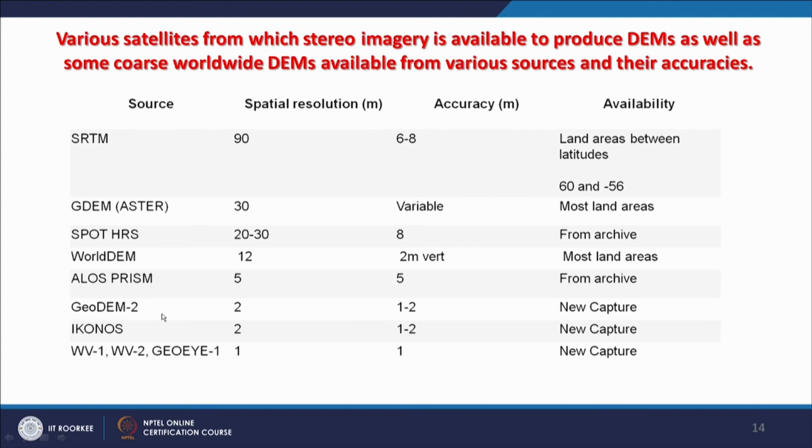Then GeoEye and IKONOS provide data at 1 meter resolution. You can have resolution at 1 meter or 2 meter, and you will have accuracy of 1 meter, 2 meter, and so on. Many such data are available on the internet, which can be downloaded. A few are also getting added to the list.